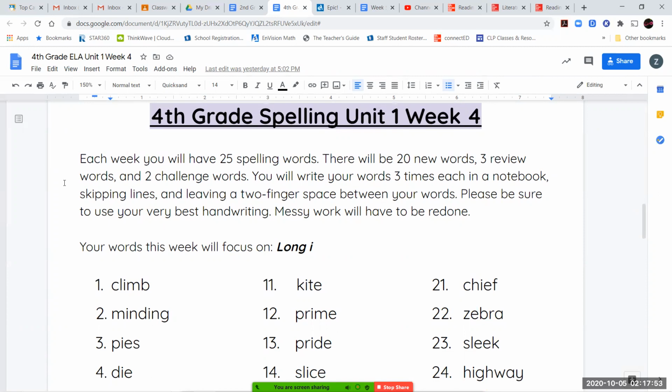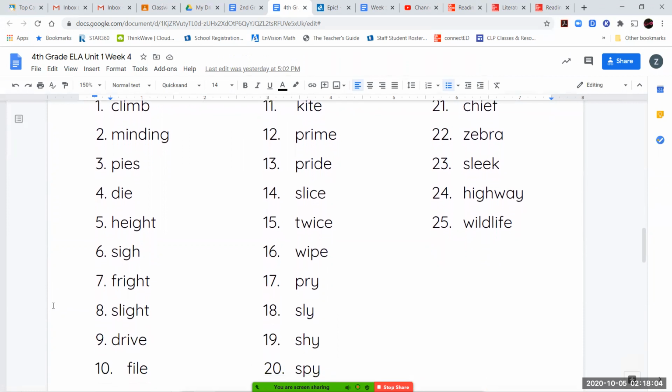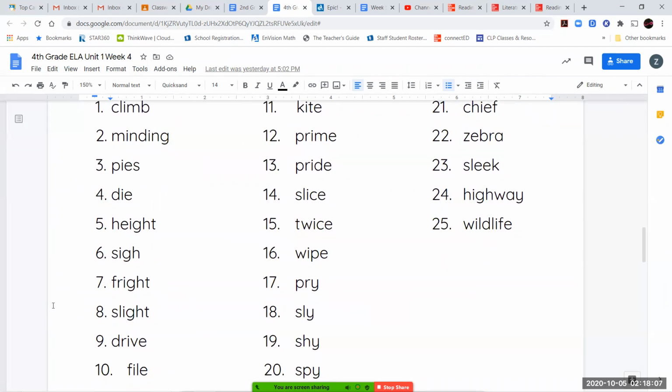So your words this week are the words climb, minding, highs, die, height, sigh, fright, slight, drive, file, kite, prime, pride, slice, twice, wipe, pry, sly, shy, spy, chief, zebra, sleek, highway, and wildlife.